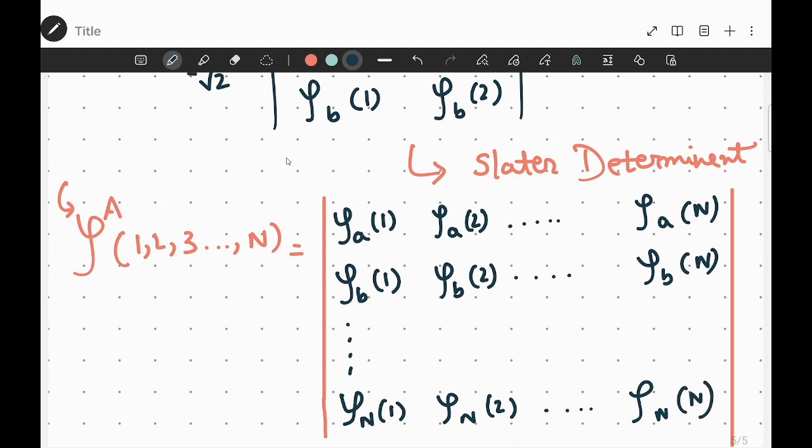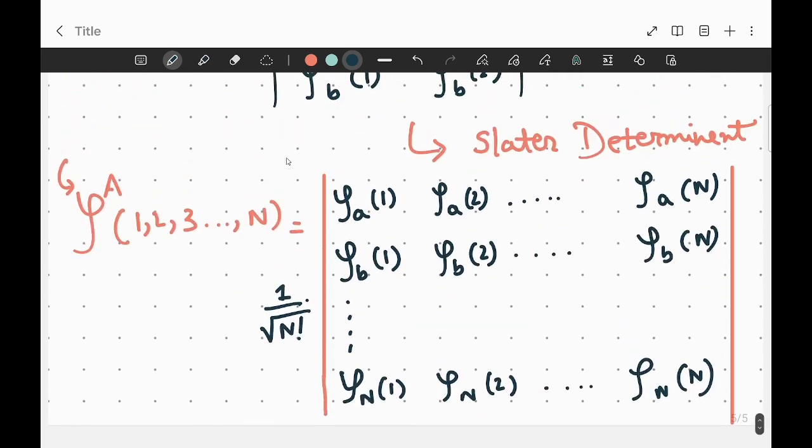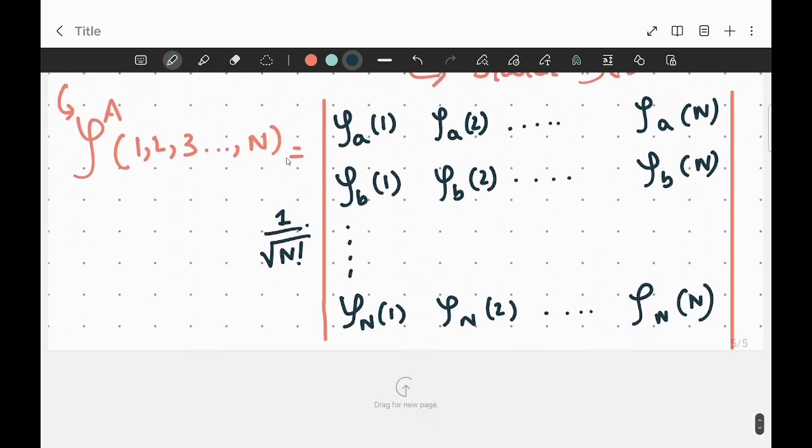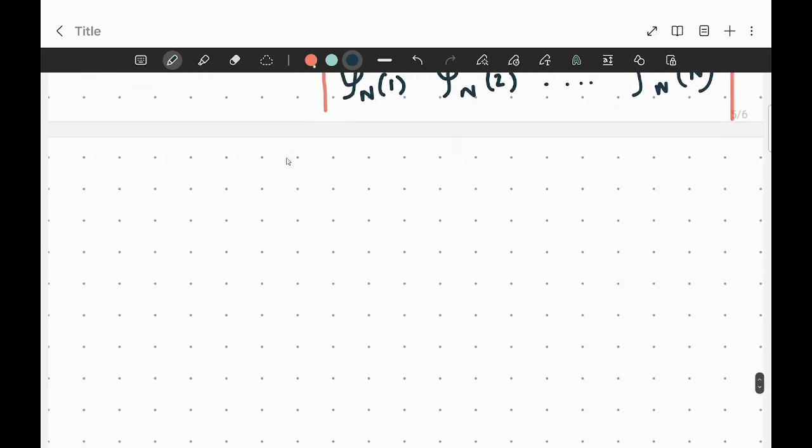And obviously there would be a normalization factor, 1 by root n factorial. So this is our Slater determinant for the antisymmetric wave function, which essentially represents fermions. Correct? Okay. Now boson. For boson, how can you write it?